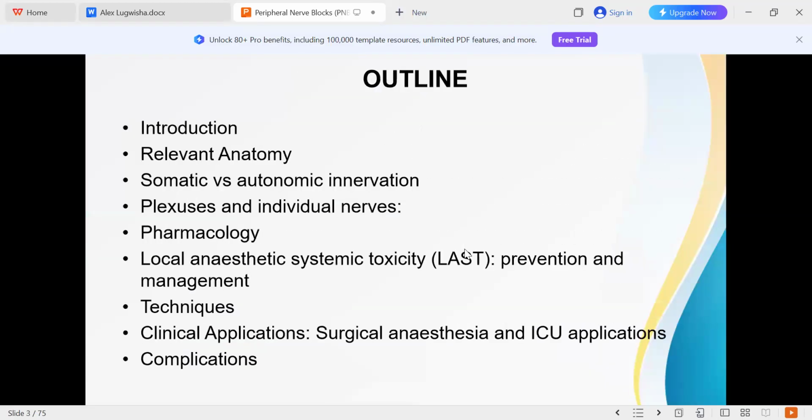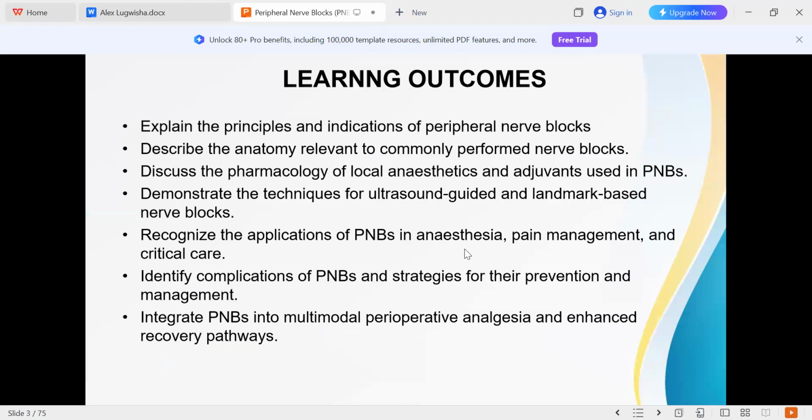So these will be our learning outcomes. At the end of this tutorial, I expect everyone to be able to understand and explain the principles and indications of peripheral nerve blocks, to describe the anatomy relevant to commonly performed nerve blocks, to demonstrate the techniques of ultrasound-guided and landmark-based nerve blocks, and to recognize the applications of peripheral nerve blocks in anesthesia, pain management, and critical care.